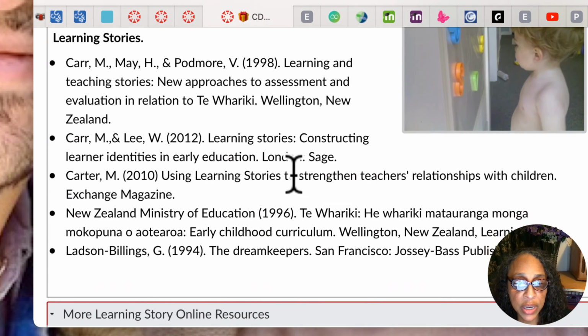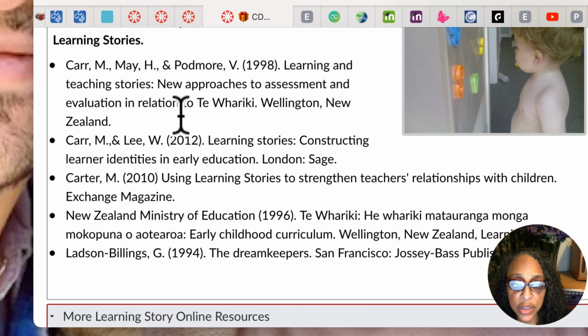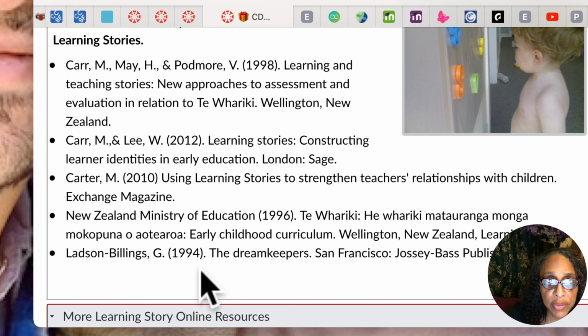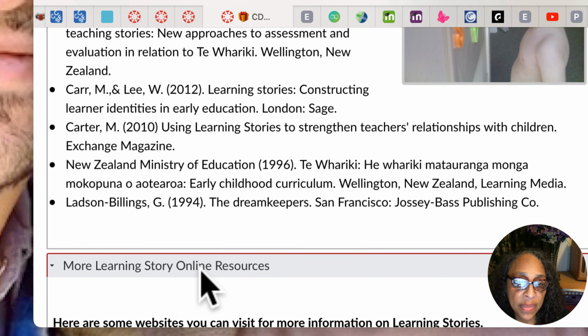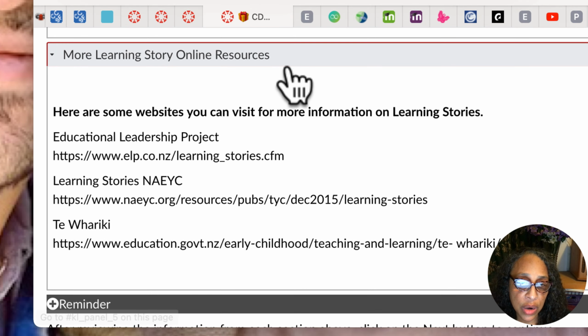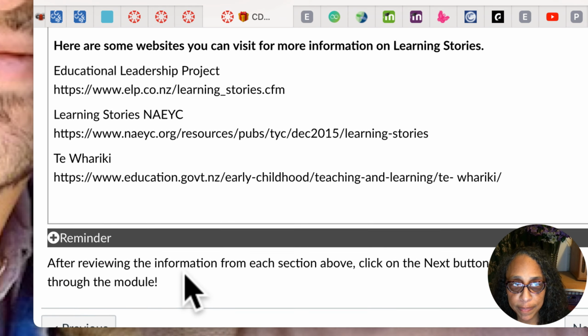Here's some more websites that you can look at to see more examples and more information about learning stories. They came out of New Zealand, and more websites about learning stories.